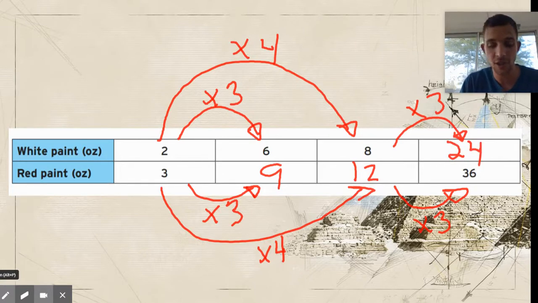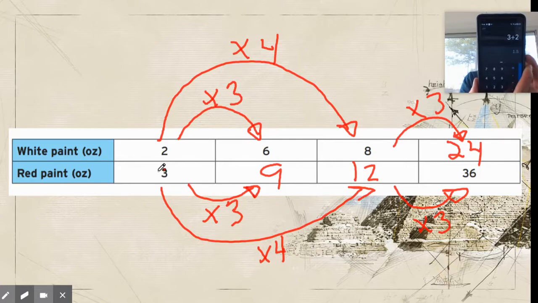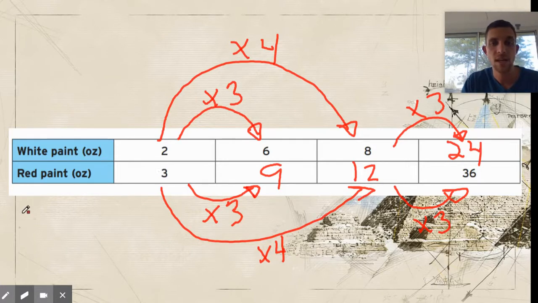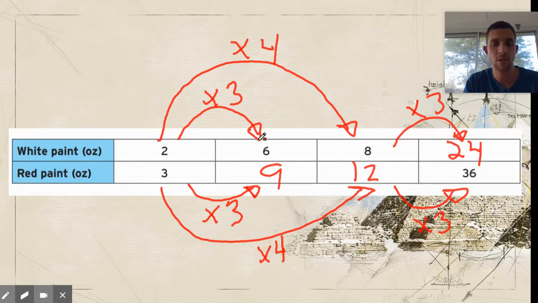Now that we're finished, let's use our division trick to see if we got it right. Let's actually do it backwards. Let's take 3 divided by 2 just to show you that it can work in both directions. The key is that you have to do it the same. So 3 divided by 2 is 1.5. 9 divided by 6 is 1.5. 12 divided by 8 is 1.5.